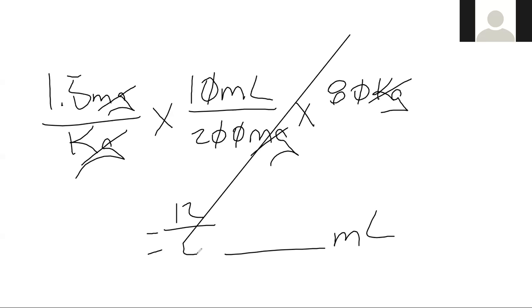Let me see if I can erase that off. Okay. I've got 2 on the bottom, so 2 into 12 goes 6 times. So I've got to draw up 6 milliliters of succinylcholine to administer 1.5 milligrams per kilo to my 80K patient.